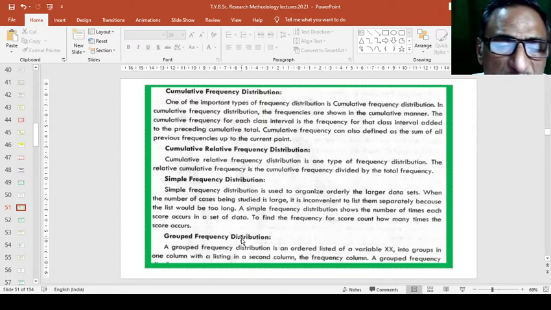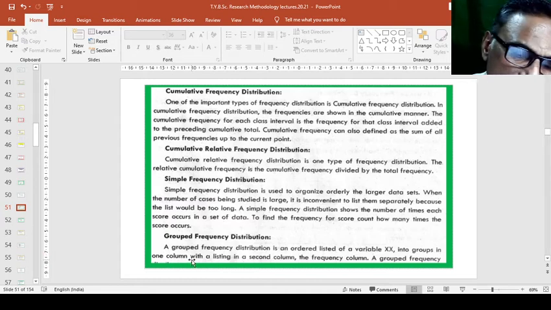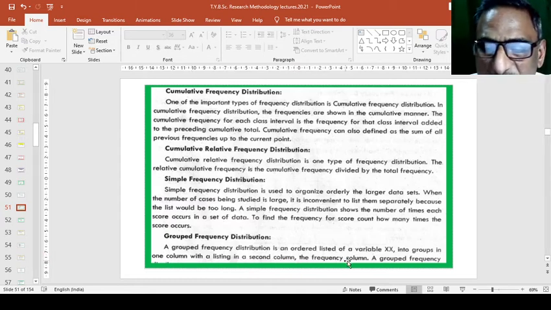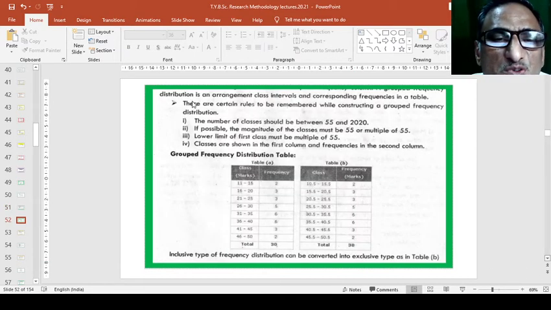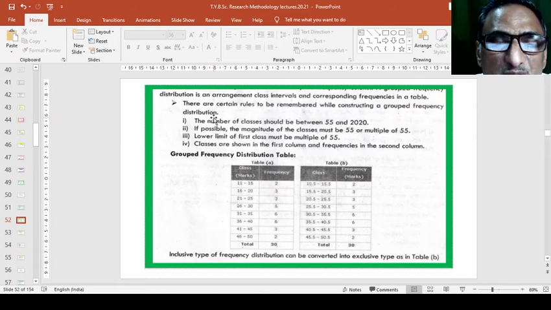Now, grouped frequency distribution. A grouped frequency distribution is an ordered listing of a variable x into groups in one column with a second column, the frequency column. It is an arrangement of class intervals and corresponding frequencies in a table. There are certain rules to remember while constructing a grouped frequency distribution.